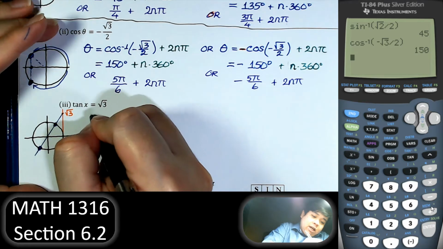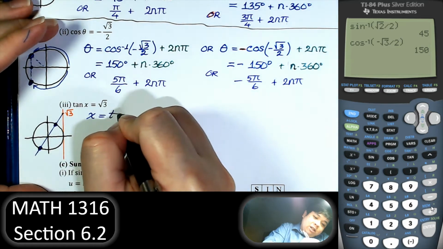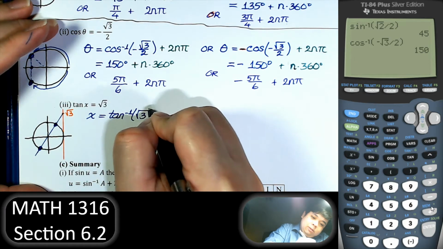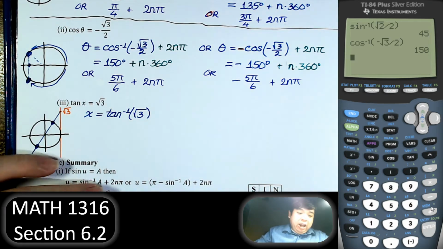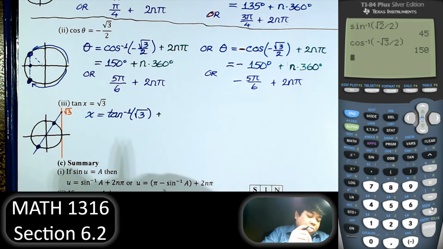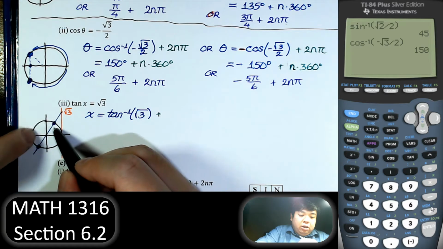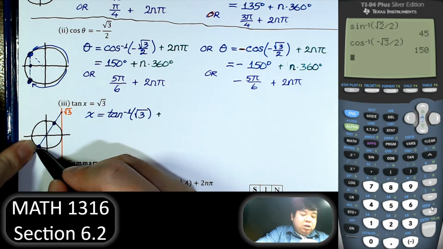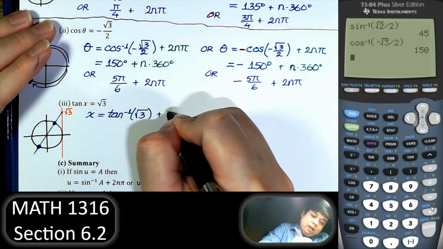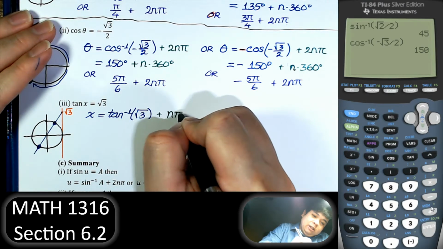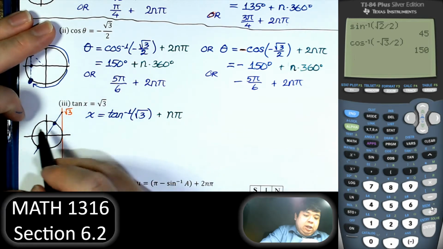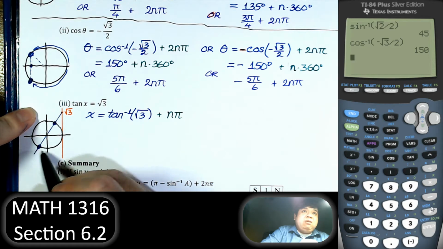So first, we're going to write that as the tangent inverse. And it's not 2n pi anymore. For tangent, it's going to be a pi to go to the opposite point and then get back to that plus a pi. So in that case, it would be just n pi. So, yeah, just have a revolution.